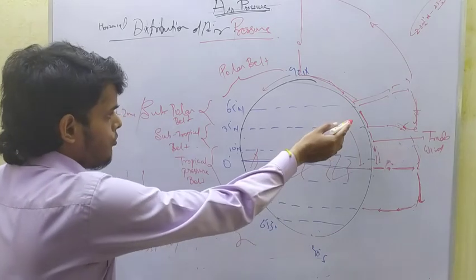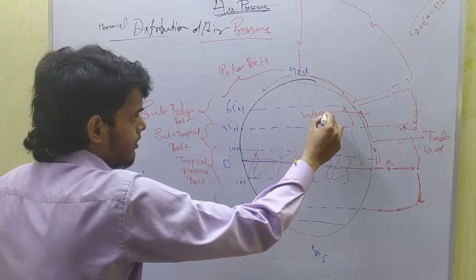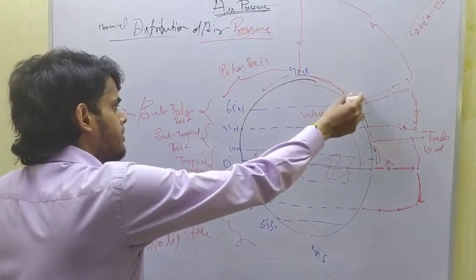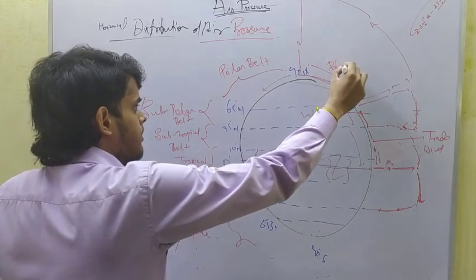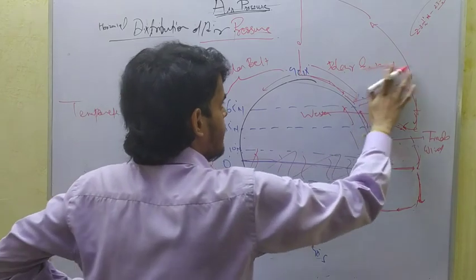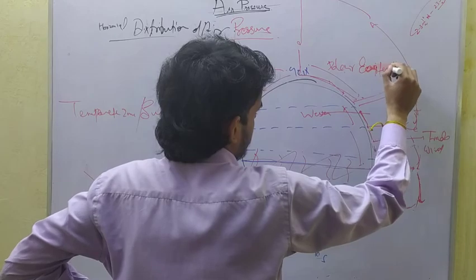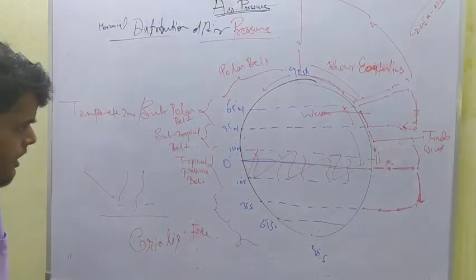And the wind that moves from the polar region, 90 degrees north to 65 degrees north, is called polar easterlies. The movement of these winds is like that.